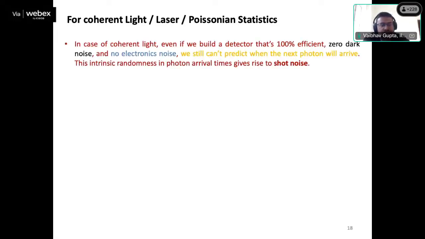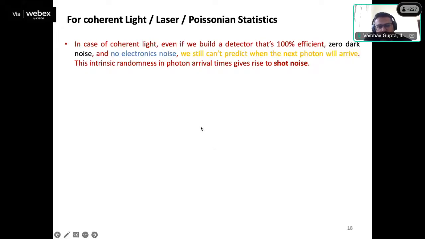For example, if you have coherent light, let's say a laser, or even sub-Poissonian light like LEDs, and you build a detector which is 100% efficient and has zero dark noise, meaning no dark current, when you switch off everything there is no current.